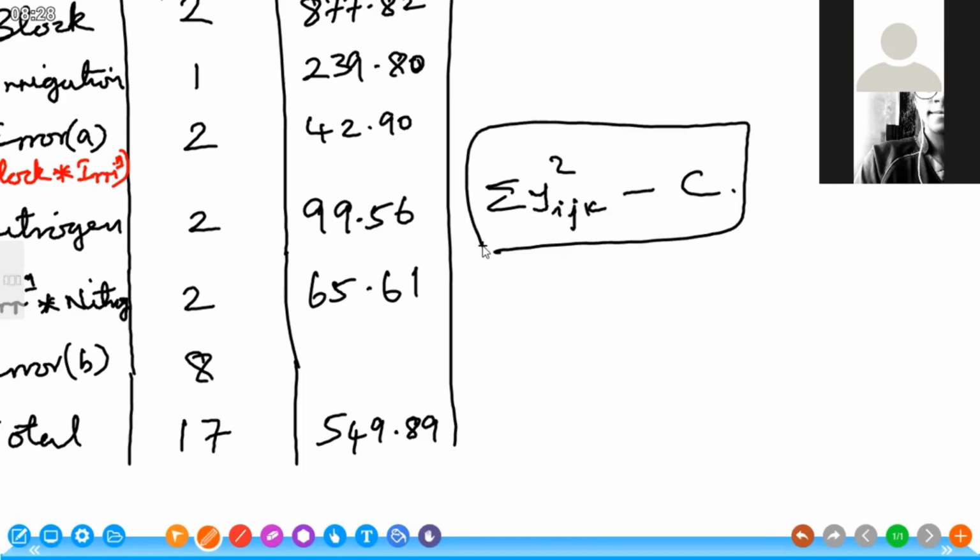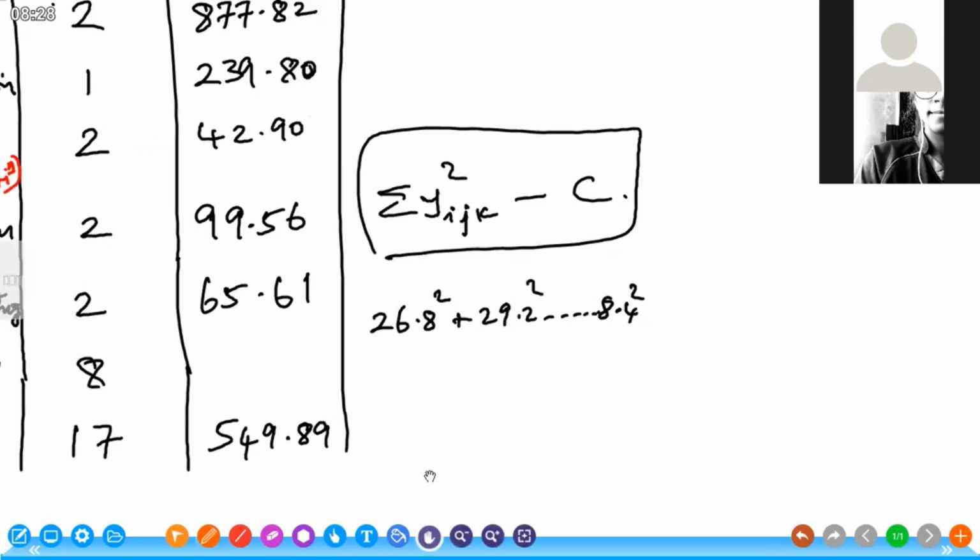So for example, in our example, 26.8 square plus 29.2 square and so on, the last value is 8.4 square, minus the correction factor. What is the correction factor? The grand total, Y dot square, divided by A, B, R. I'm not sure how it is.